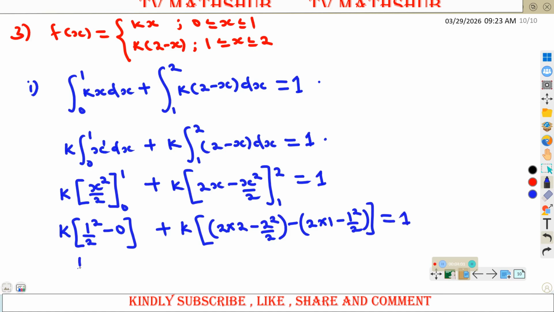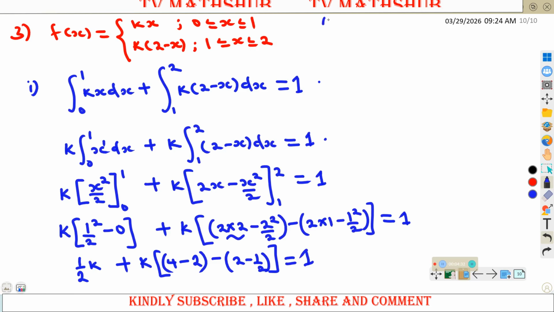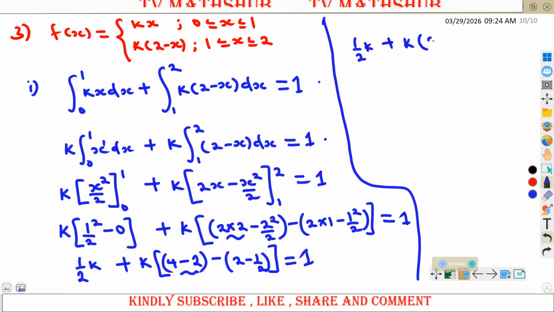So this will give us a half k. 1 squared divided by 2 will remain that, plus k into, this is 4 minus 2 squared, which is 4 divided by 2 is 2. And then we are subtracting 2 minus a half, and everything should be equal to 1. So from there, this is a half of k plus k into 2 minus a half.